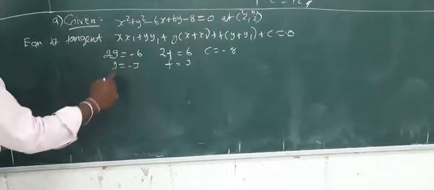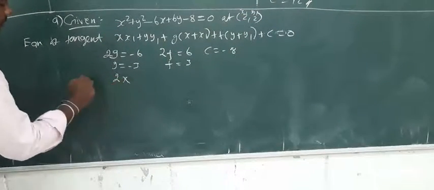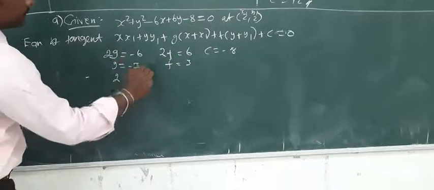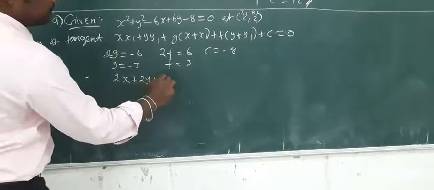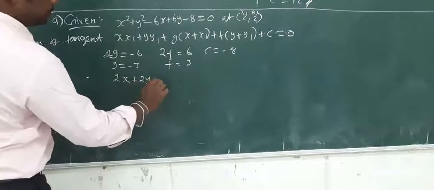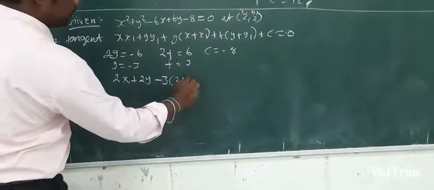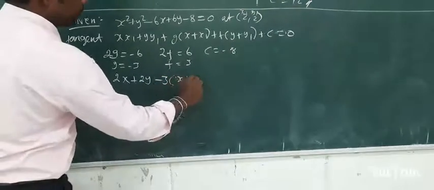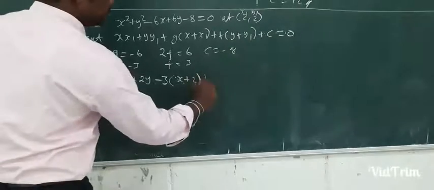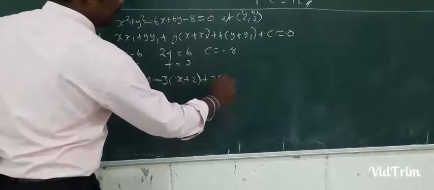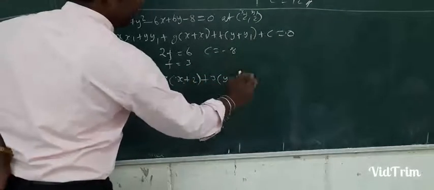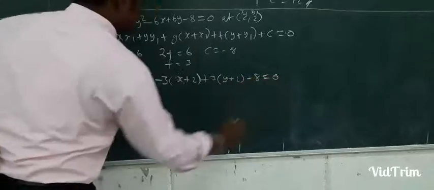So here x into x1, that is 2x. Then it is 2y plus g, minus 3, into x plus x1, I mean x1 value 2, plus f value 3 and y plus 2, minus 8 is equal to 0.